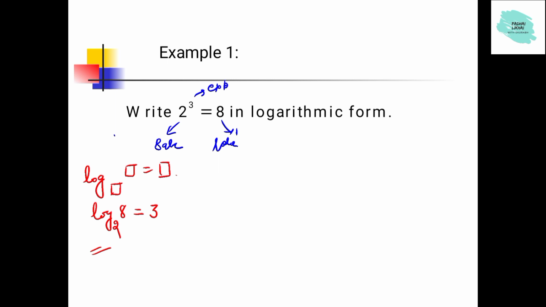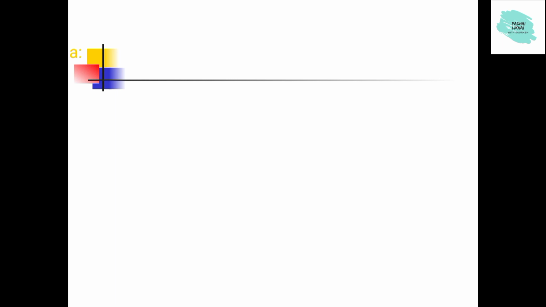Next we see some more examples. Again in this problem we will write the log. First identify base.